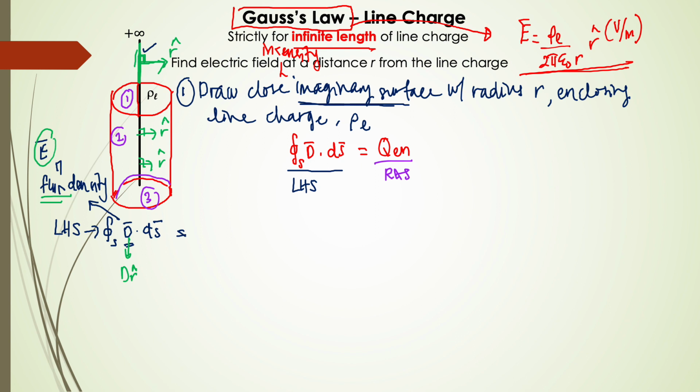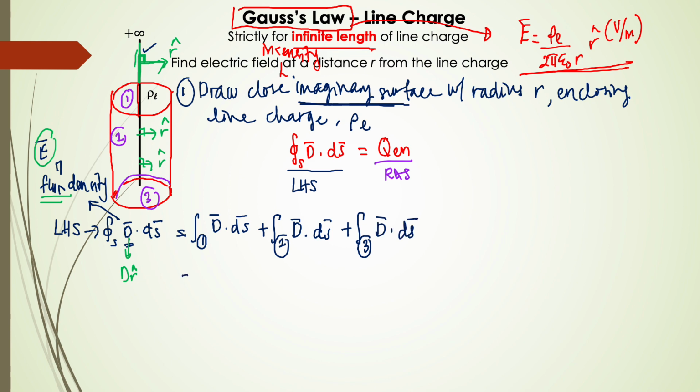So if we write it separately, D dot dS will be the first surface of the cylinder, plus the second surface, D dot dS that surrounds the cylinder, and surface number 3, which is on the bottom, D dot dS.